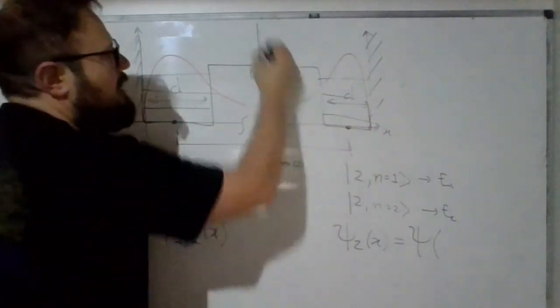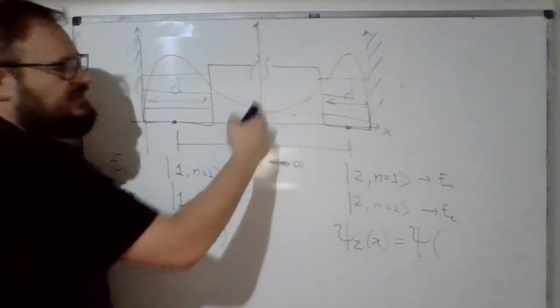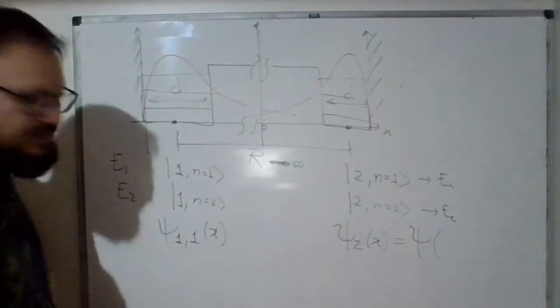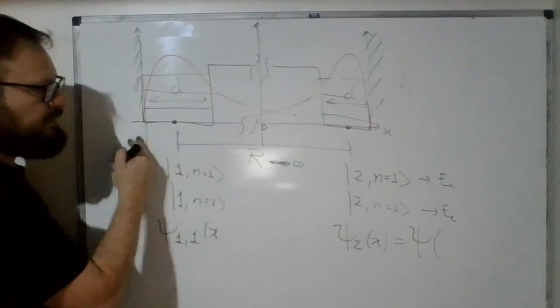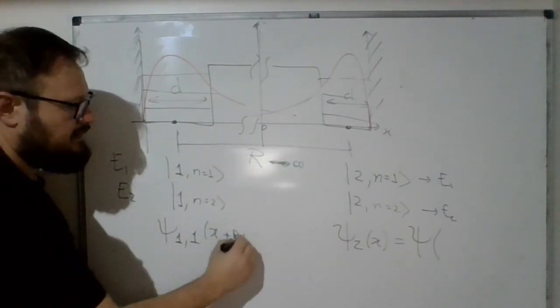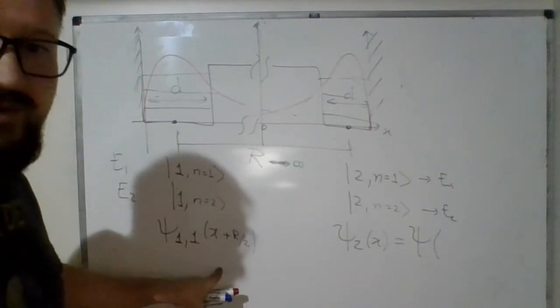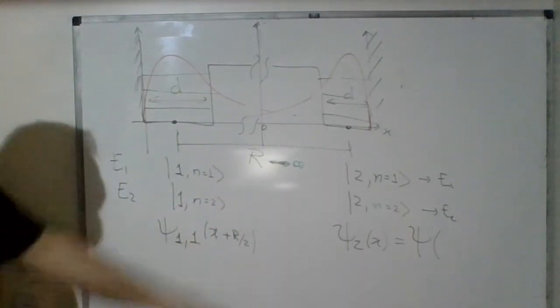Suppose now I put 0 of the x-axis exactly in the middle of these two boxes. So the previous functions which we already found, I need to translate R over 2 to the left. All right, so the previous solution is located by R over 2.